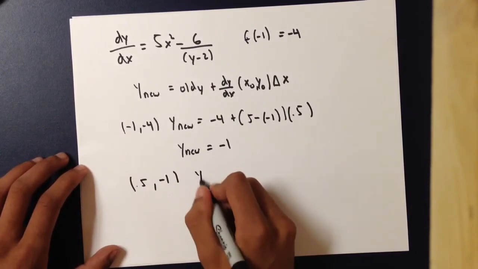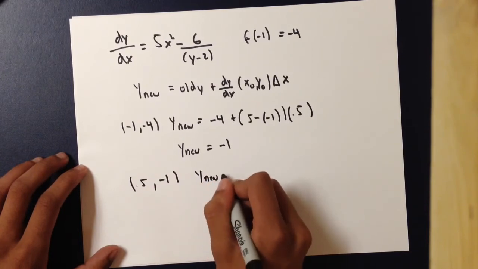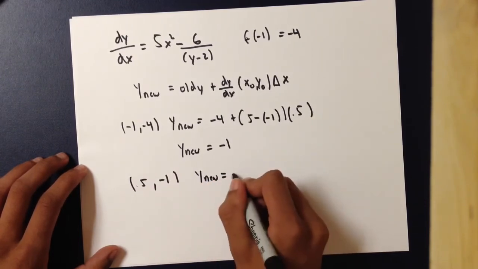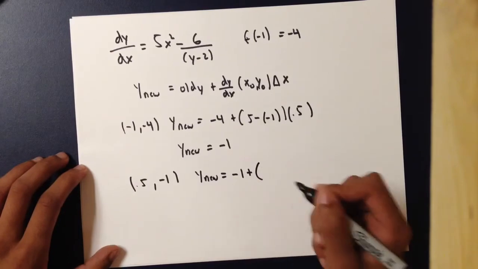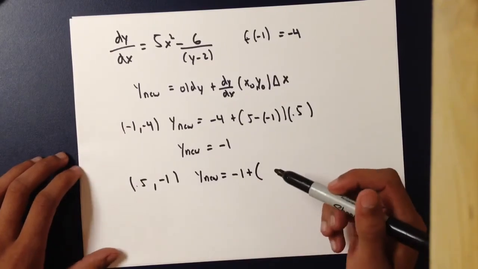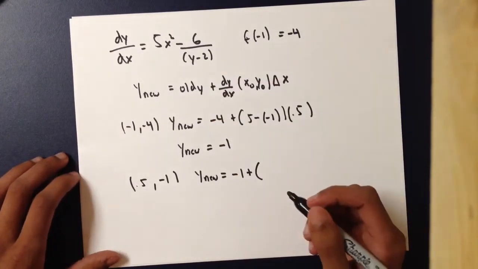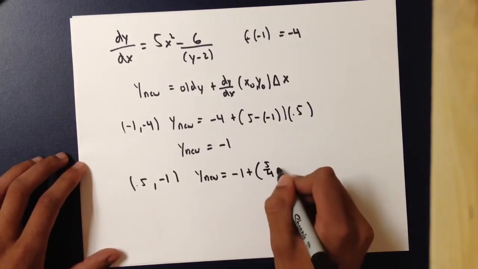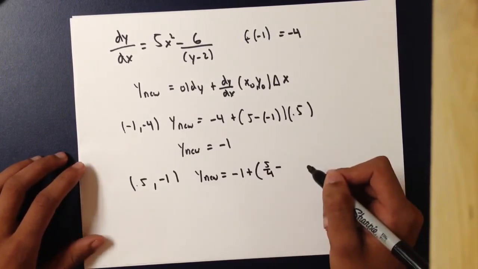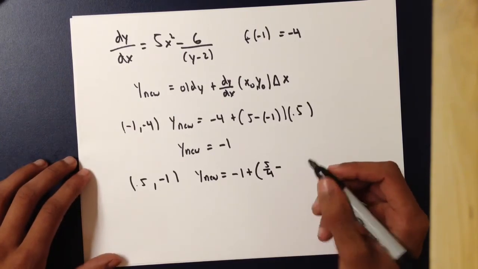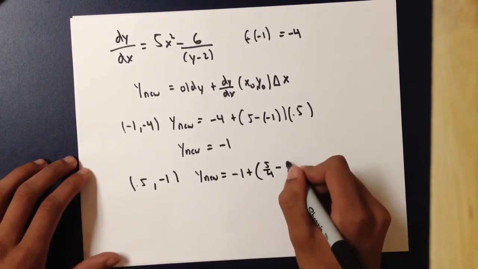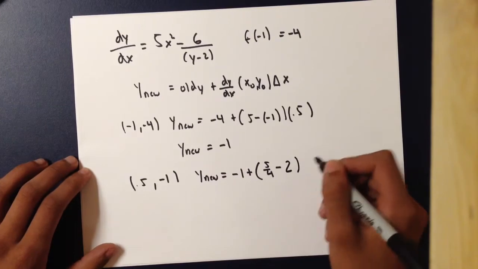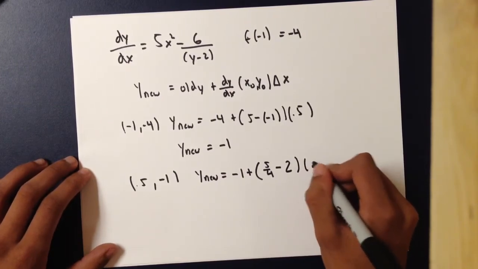So the new y would be equal to -1 plus, when you plug in 0.5 in here, you get 0.25 over 5, so that's 5/4, minus 6 over 3, which is just 2, and all of that also times 0.5.